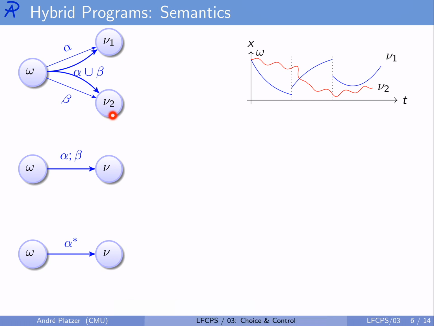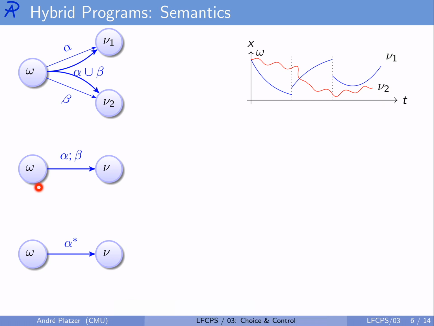And every transition that the beta program could do to a new state nu2 is also possible for the program that has a choice, because the non-deterministic choice program alpha choice beta can, of course, decide to run like alpha to any of the states it could get to, or instead decide to run like beta to any of the states it could go to. So for example, the program could have a choice to run from the old state omega this way around to the new state nu1, or it could choose to follow the funny squiggly red curve to the new state nu2 instead.